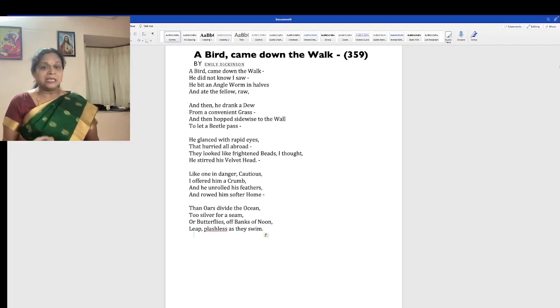So probably her eyes are moving with great speed from left to right. Probably it's panning from left to right. And then she's hurrying all. Not just that, Emily Dickinson goes on to say that the eyes look like frightened beads. And after that, she says, I think the bird stirred its head this way. What sort of a head was it?